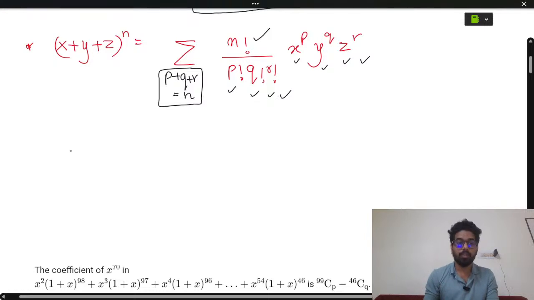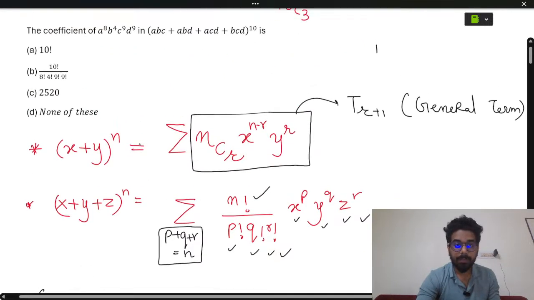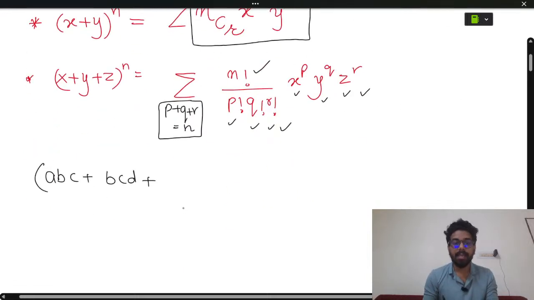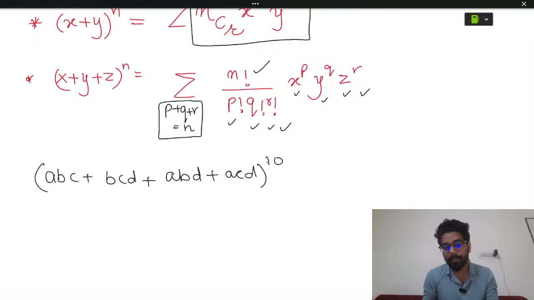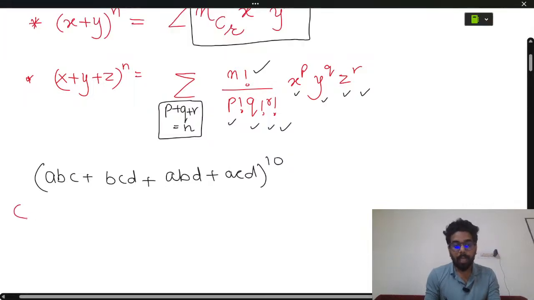So we have ABC plus BCD plus ABD plus ACD whole power 10. Now what I am going to do is take ABCD common out of it.